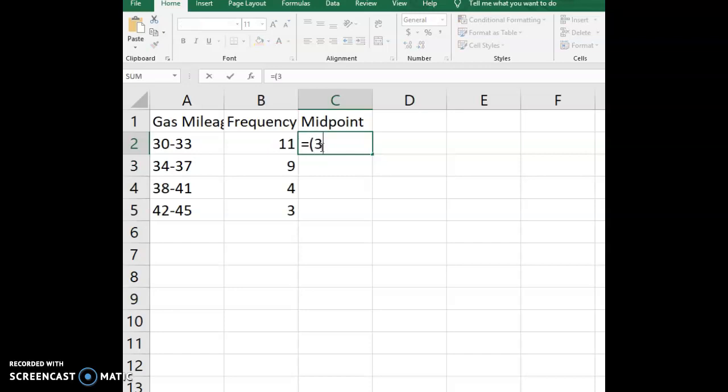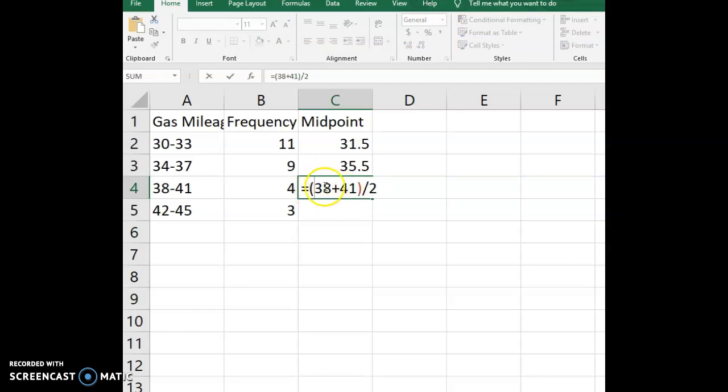So you would take the lower and upper limits added together and divide by 2. That'll give you the value that's exactly in between those two. And then we want 34 and 37 added together. And we want to divide that by 2. And so on. We want 38 plus 41 divided by 2.